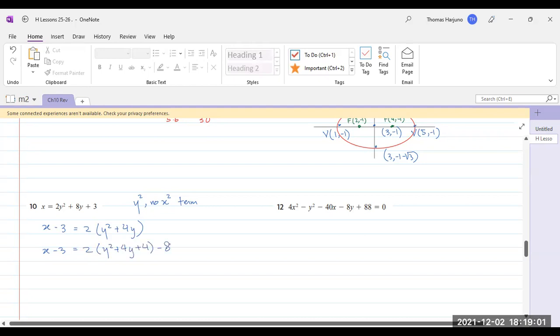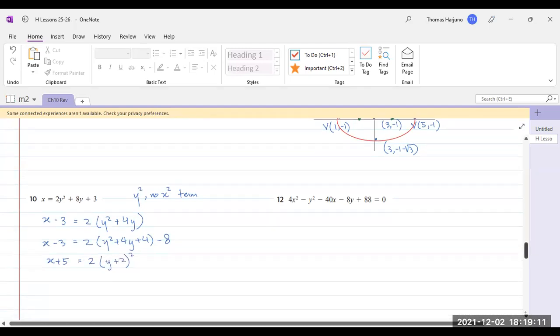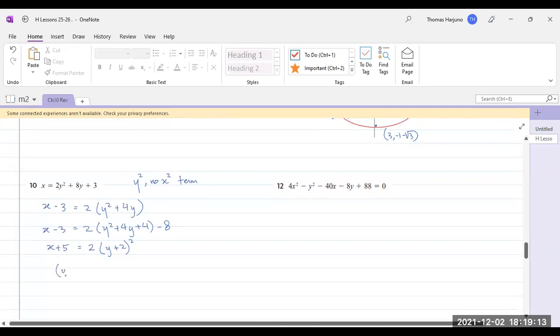And then compensate. Right? So I will get x plus 5 equals 2 times (y plus 2) squared. This is (y plus 2) squared equals 1/2 times (x plus 5).